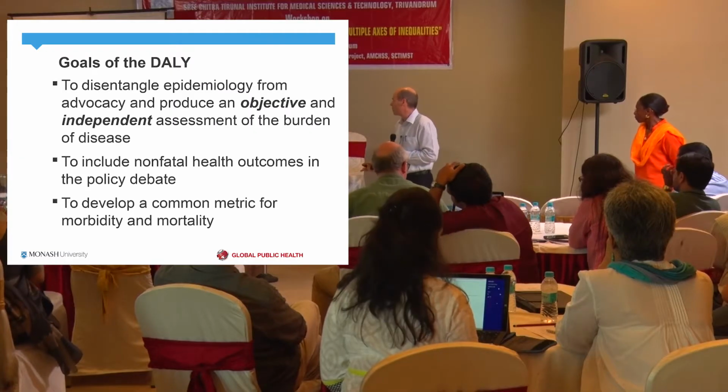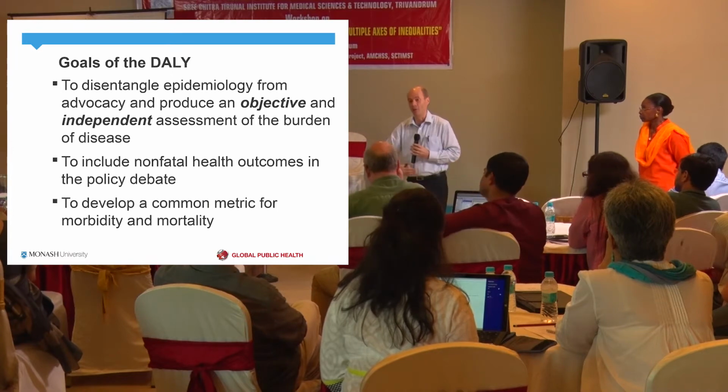So they wanted some objectivity, and they wanted some independent assessment of the burden of disease. They wanted to include non-fatal health outcomes, and to develop a common metric so that you could in fact do comparisons across countries and across disease. And now you can look at the rankings, and in the burden of disease tables, heart disease is the highest, and then you've got something else, and then something else, and they're rank ordered.